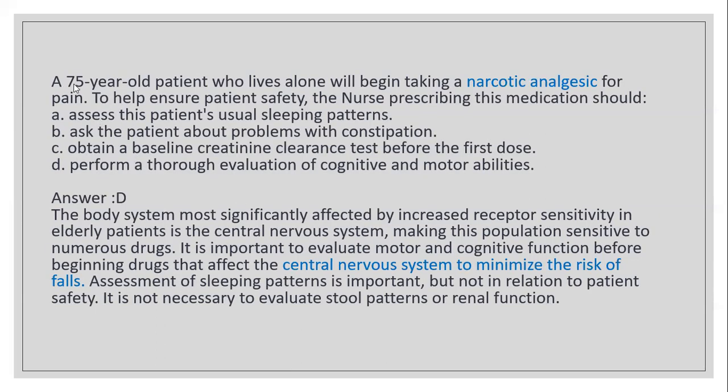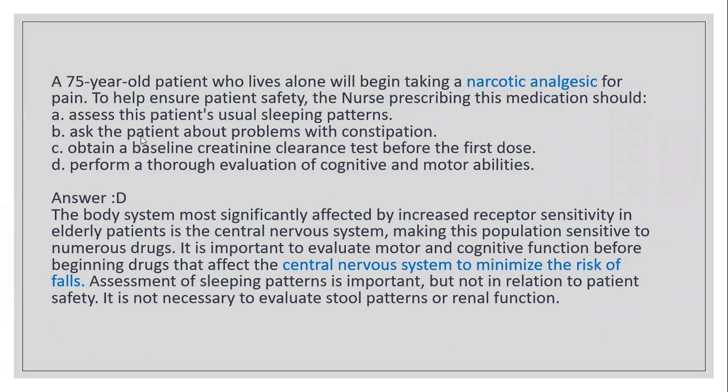Next question. A 75-year-old patient who lives alone has been taking a narcotic analgesic for pain. To help ensure the patient's safety, the nurse prescribing this medication should, number A, assess the patient's usual sleeping pattern.